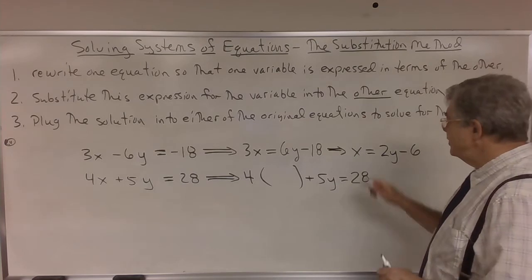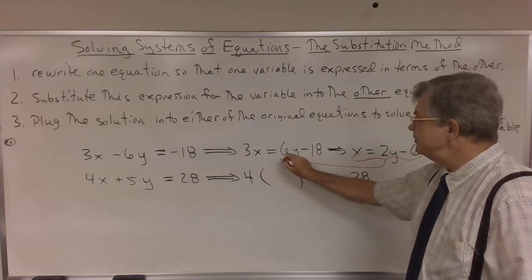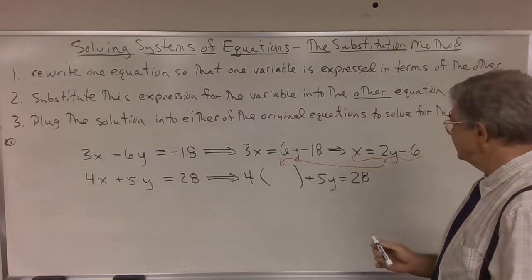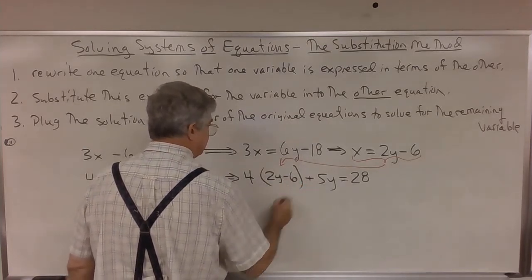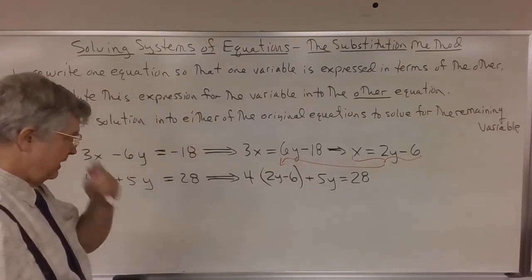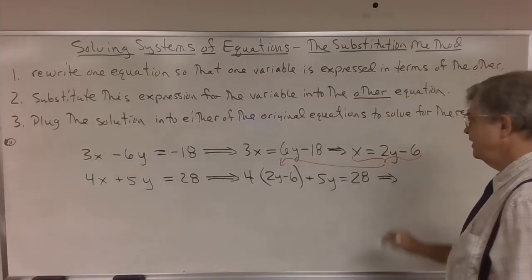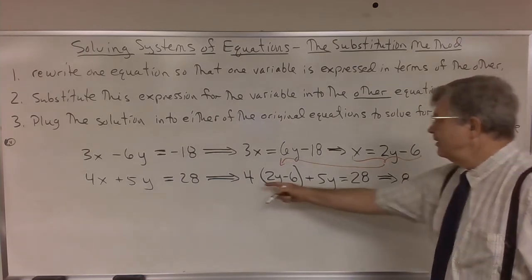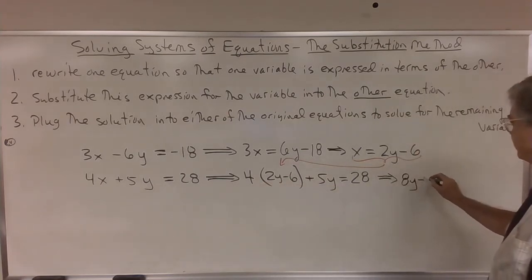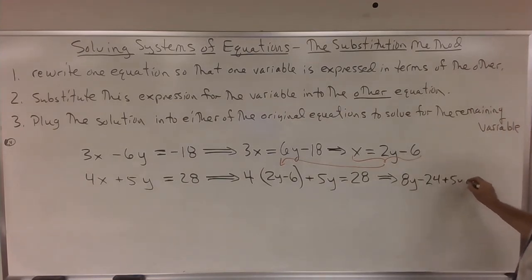So I'm going to take the equivalent of x, which is 2y minus 6, and substitute that in for x. And let's see what I get. 8y minus 24 plus 5y equals 28.